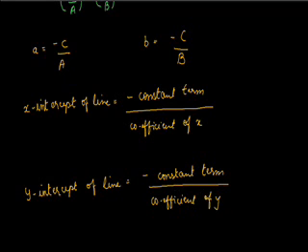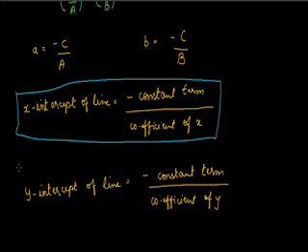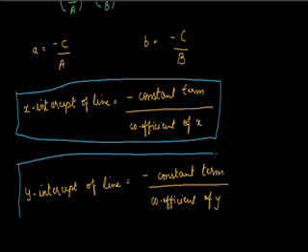So these are the formulas to calculate the x-intercept and y-intercept of the line in terms of constant term, coefficient of x and coefficient of y.